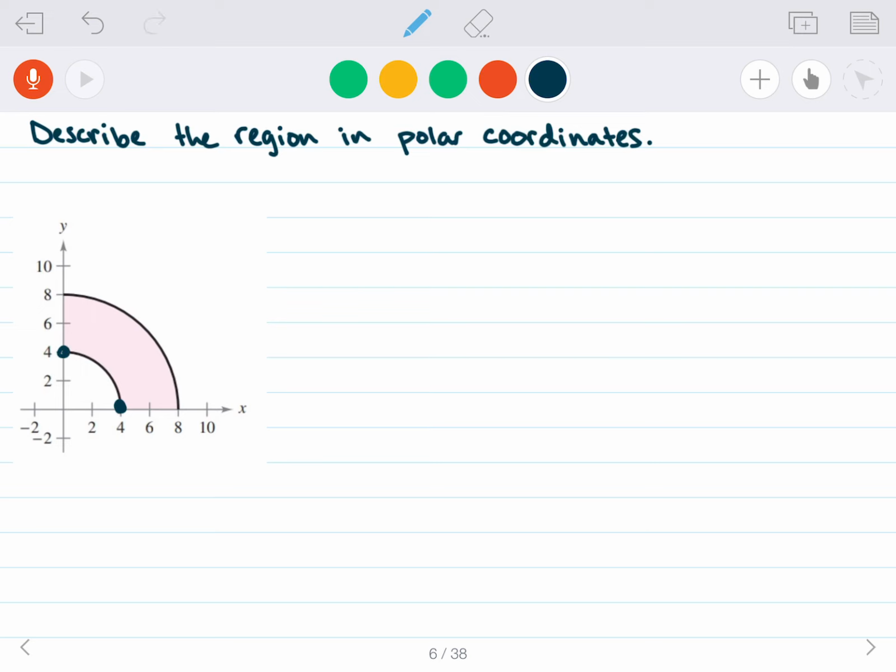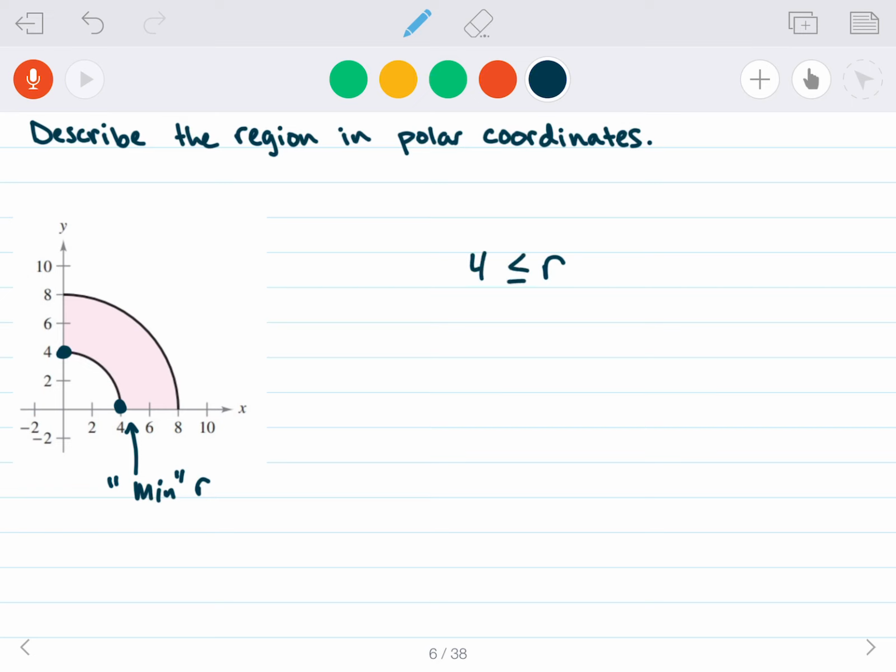So this is our minimum radius. Okay, so that is going to start at a radius of 4. So we're starting right off the bat with a radius of 4.